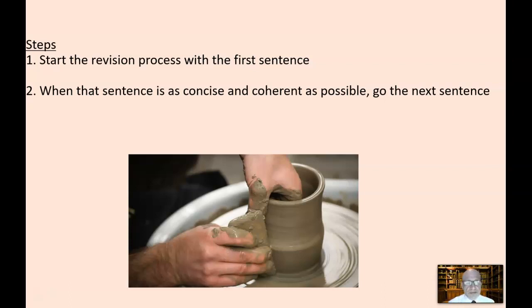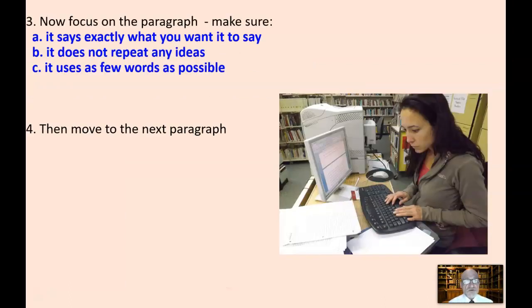Then you can begin to focus on the paragraph. Focus just on that single paragraph. Make sure it says exactly what you want it to say, that you don't repeat ideas. Take out any sentences that do not need to be there. Make sure it's concise and accurate. There's no repetition.